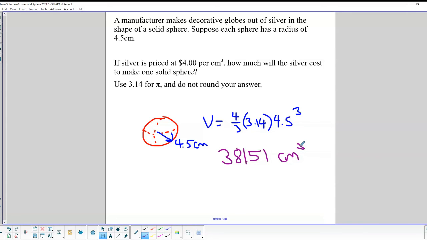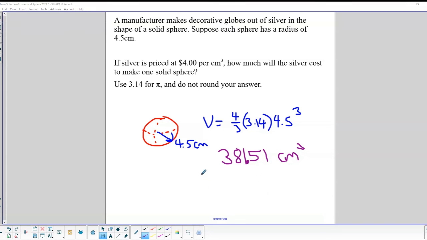All right, so if the silver is priced at $4 per cubic centimeter, how much will it cost to make one solid sphere? So we're going to take this number, 381.51, and times it by 4. So get our number back on here, times it by 4.